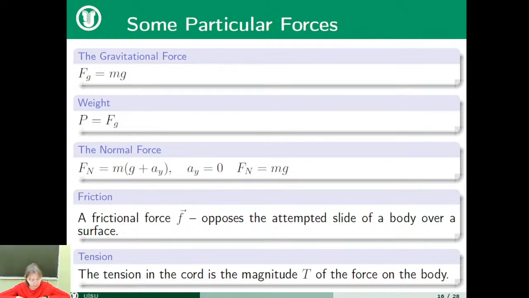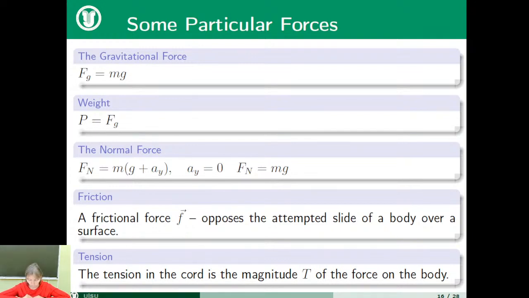The resistance is considered to be a single force, called the frictional force or simply friction. This force is directed along the surface opposite the direction of the intended motion. Sometimes, to simplify a situation, friction is assumed to be negligible.